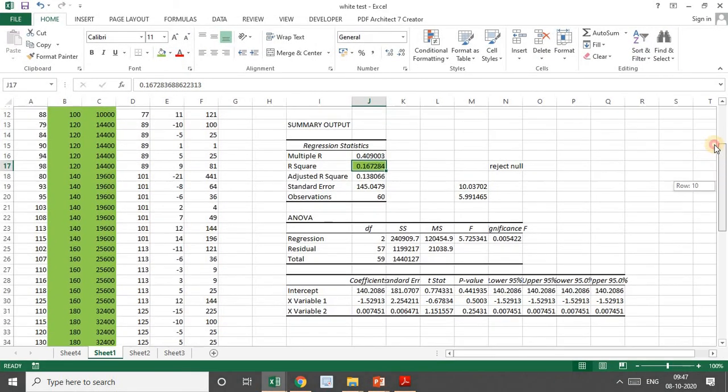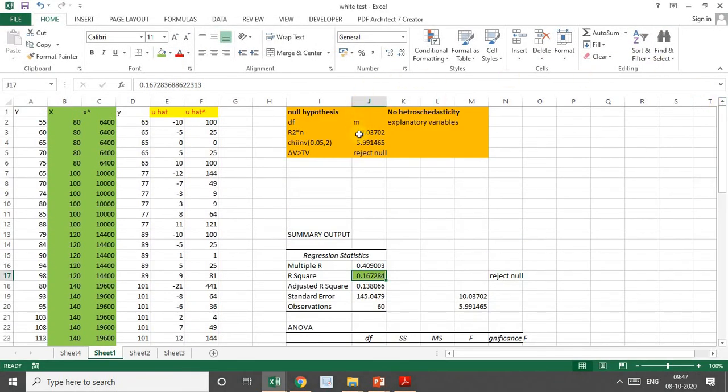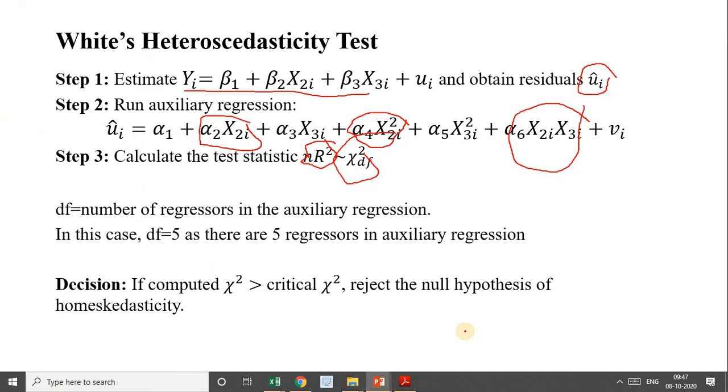Then r square is multiplied with the total number of observations, so I have got 10.03. Then if I find out the chi-square inverse, I am getting 5.99. Here also actual value is greater than table value, then we have to reject the null hypothesis. Okay, so this is what it is all about the White heteroscedasticity test.